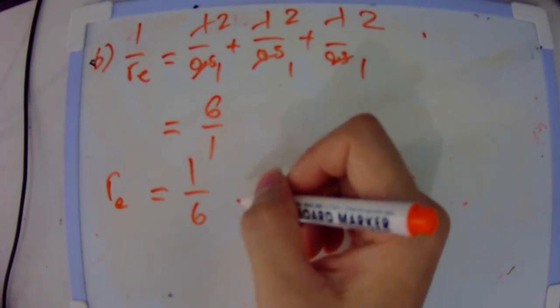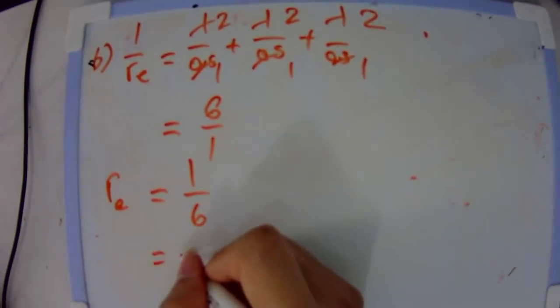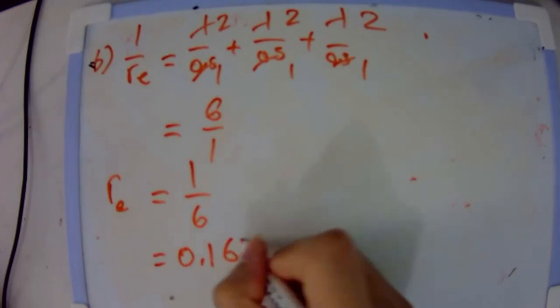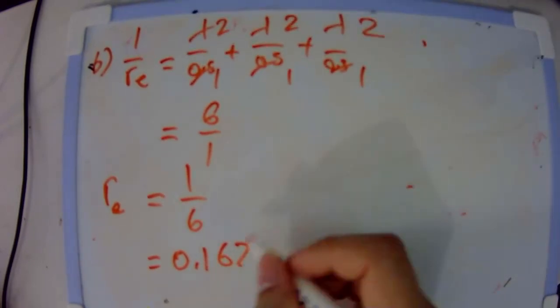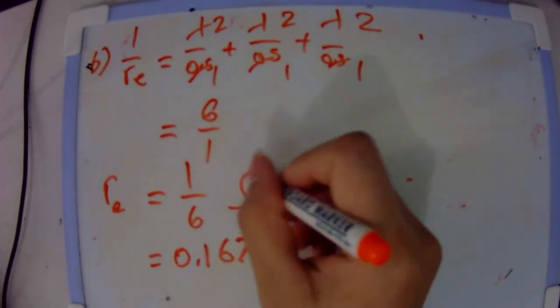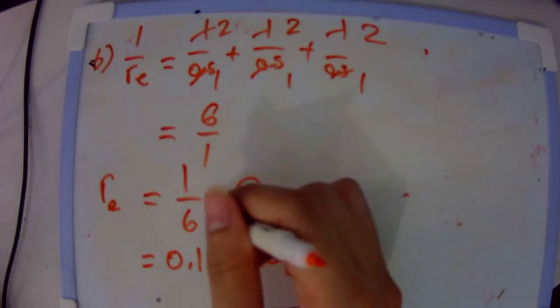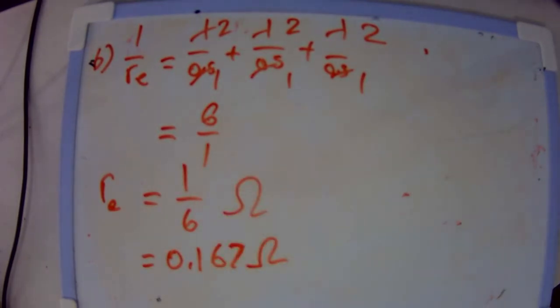1 over 6 ohms, or you could also rewrite it as your textbook writes it, 0.167 ohms. So you can use either one of these. I like to use the fractions for calculating, but either one is fine.